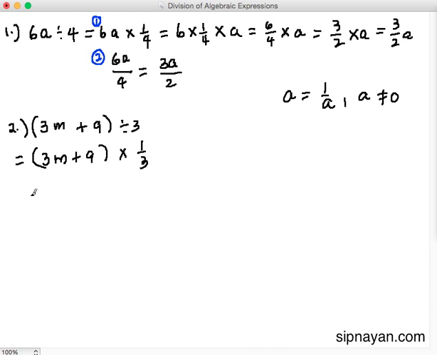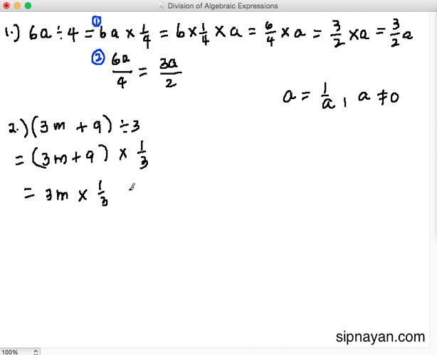And again, from the previous video, napag-aralan natin yung distributive property. Pag meron tayong multiplication na ganito tapos meron tayong expression na naka-parenthesis, i-distribute natin yan dito, no? Yung 1/3. So, magiging 3m times 1/3, no?